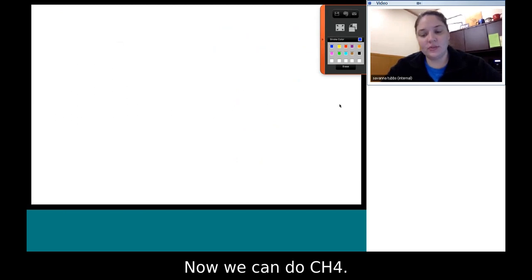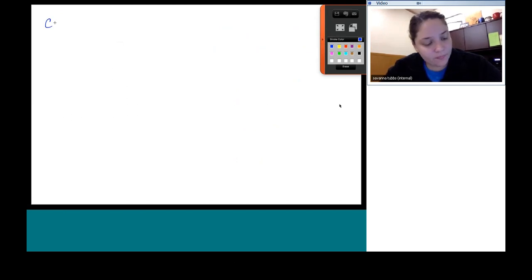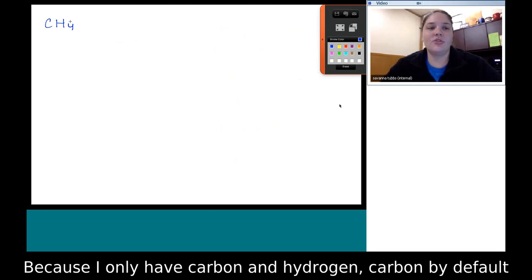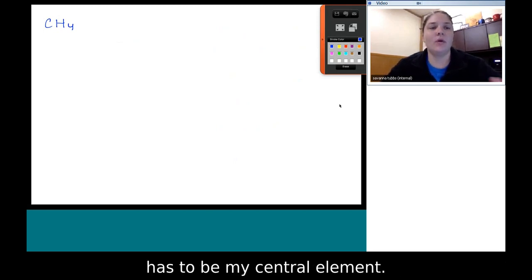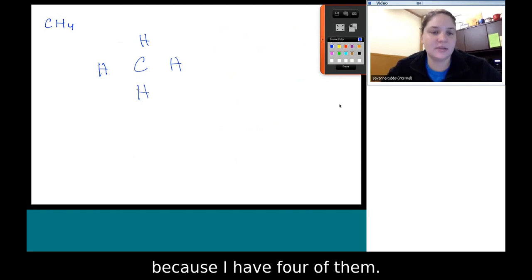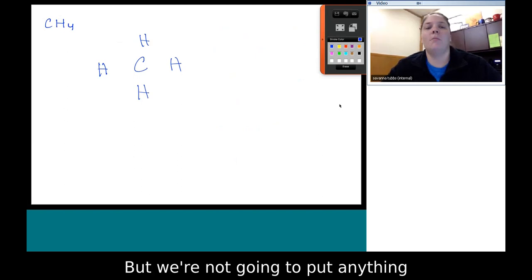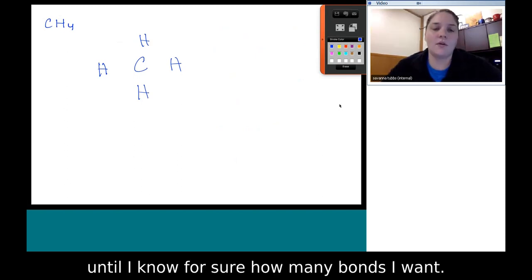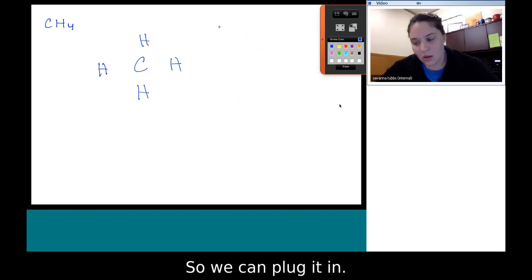Now we can do CH4. Because I only have carbon and hydrogen, carbon by default has to be my central element. So I have carbon, hydrogen, hydrogen, hydrogen, and hydrogen because I have 4 of them. But we're not going to put anything until I know for sure how many bonds I want. So we can plug it in.